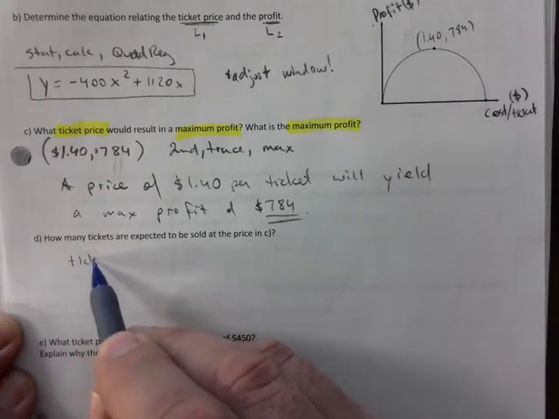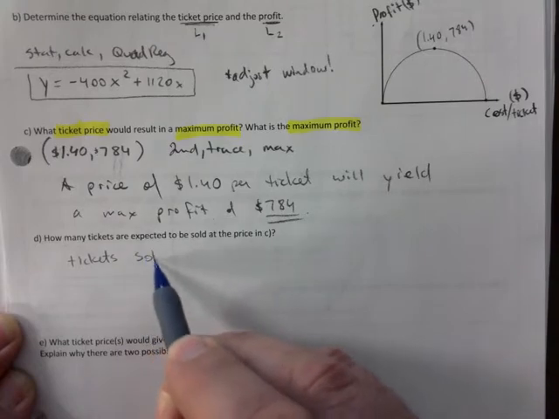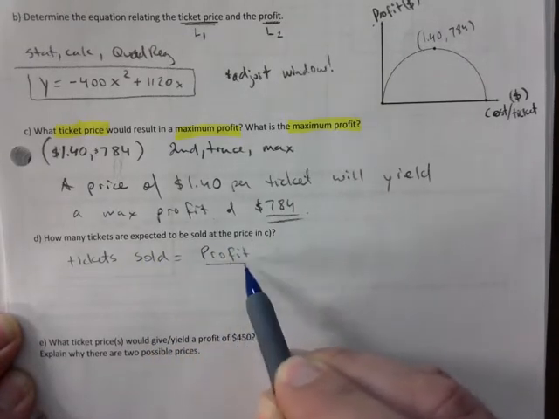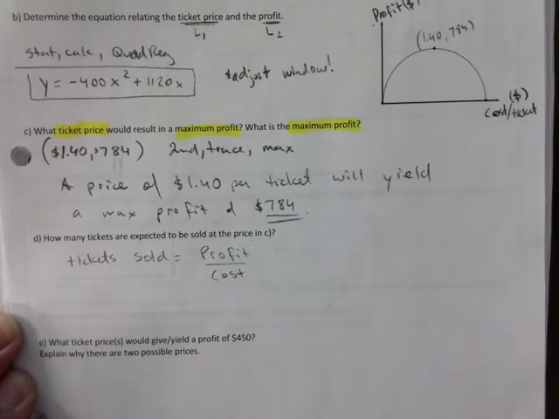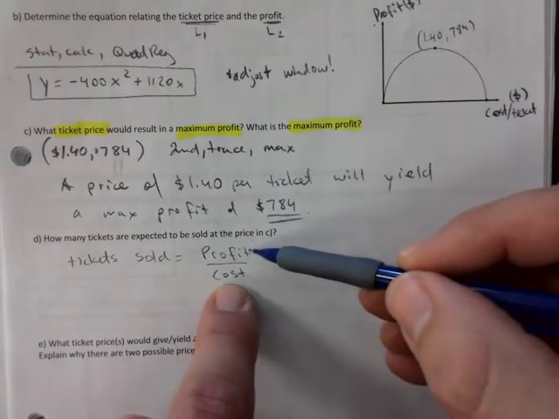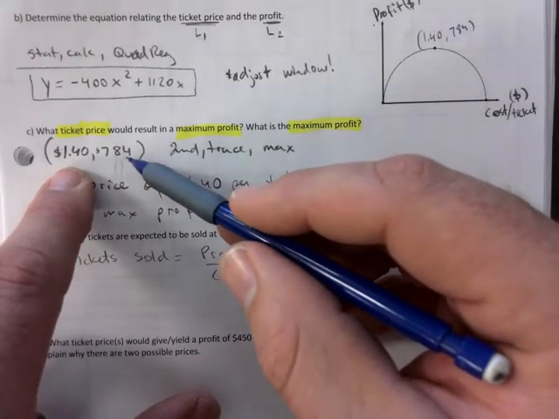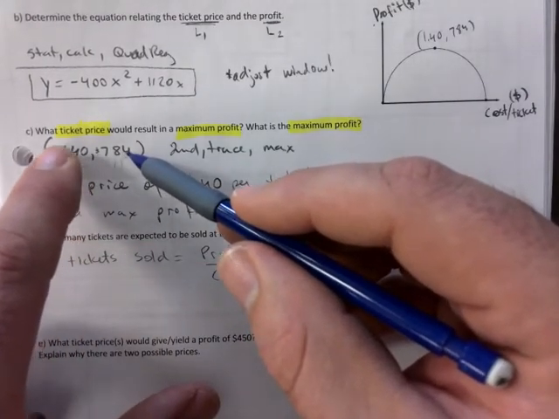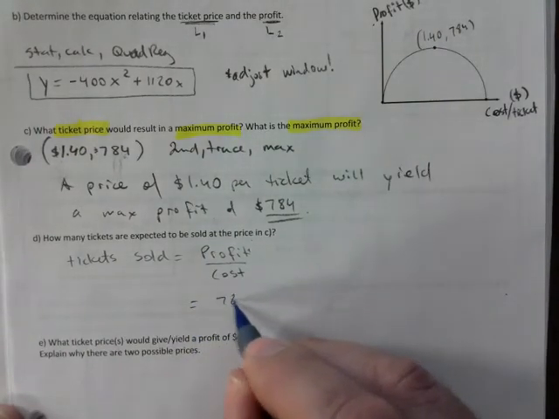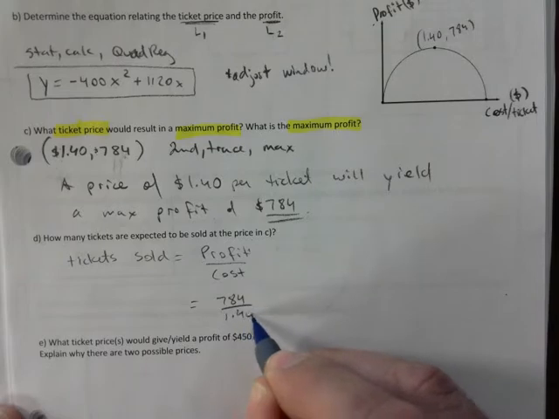Tickets sold, I will find that by going profit divided by cost. I told you that at the beginning, because we actually know these two things here. We know profit and cost from the previous question. So I'm going to go 784 divided by 140.